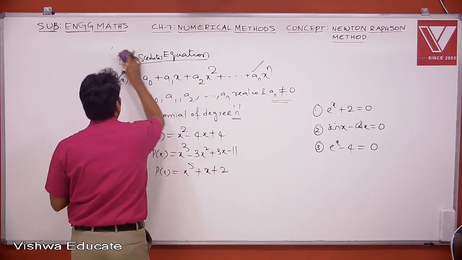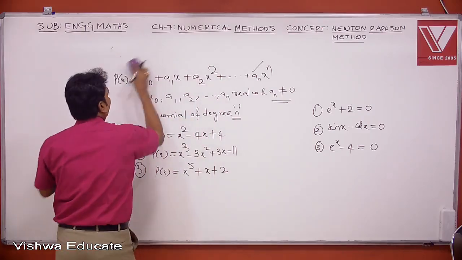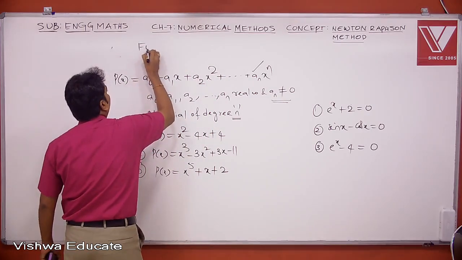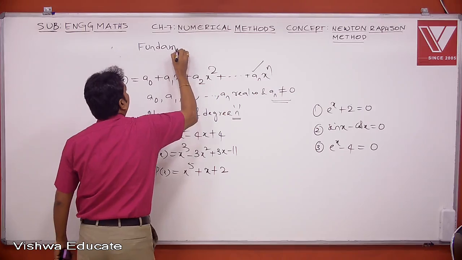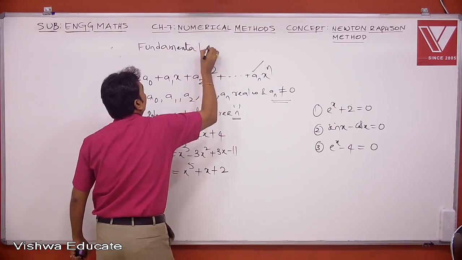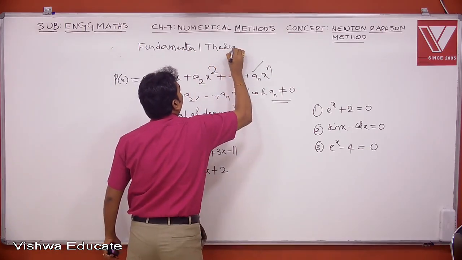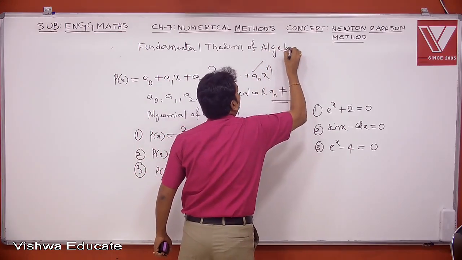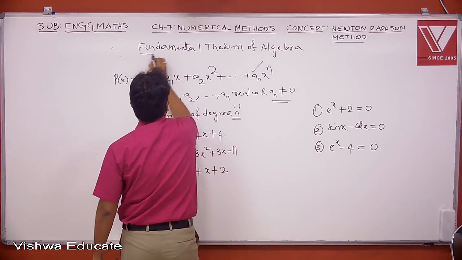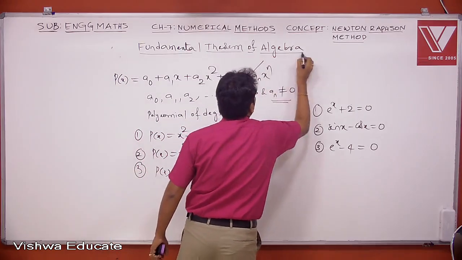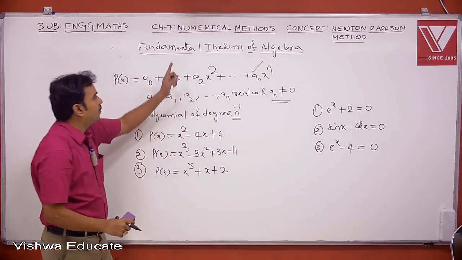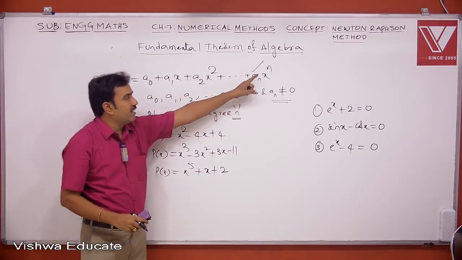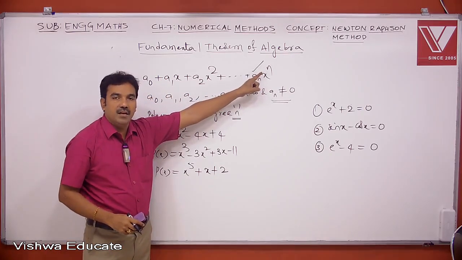So next we state that one theorem, called the fundamental theorem of algebra. What it states is every polynomial of degree n has exactly n roots.